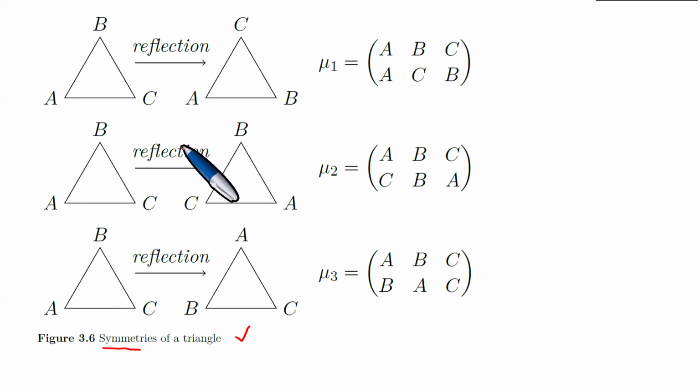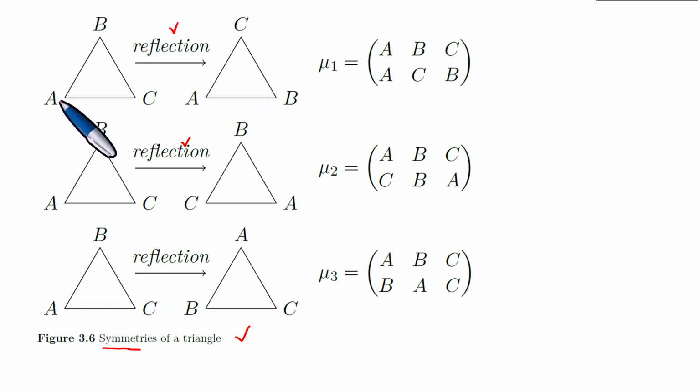Dealing with reflections. So what do we have here? Now we have, for example, where is the A?